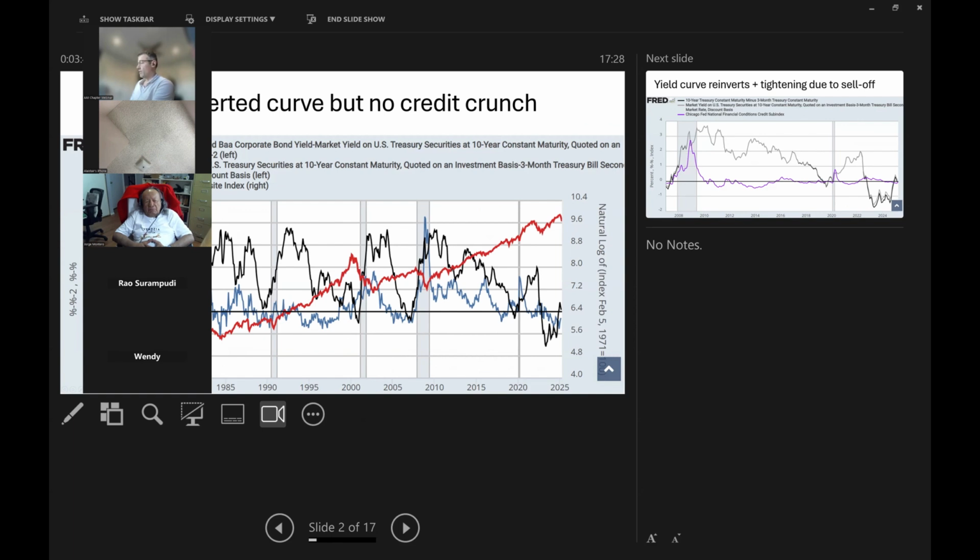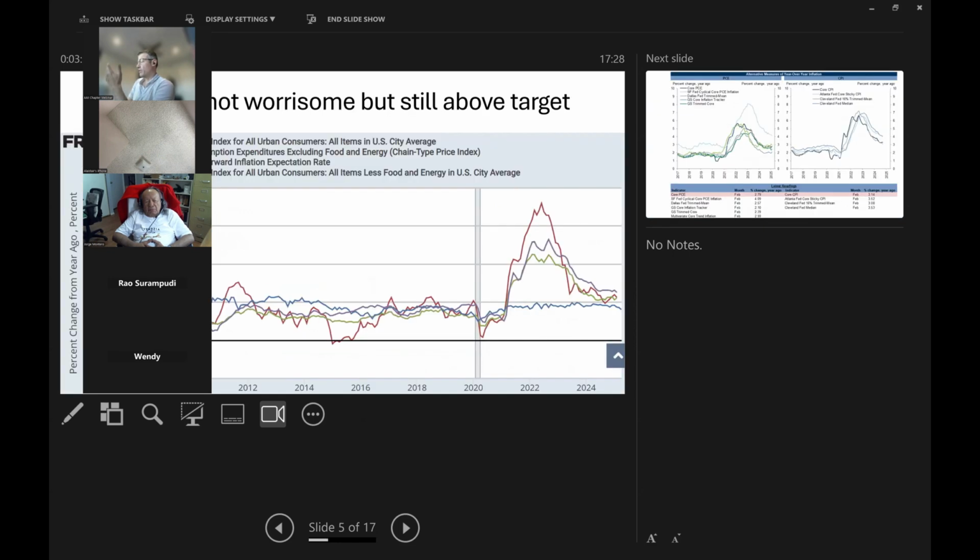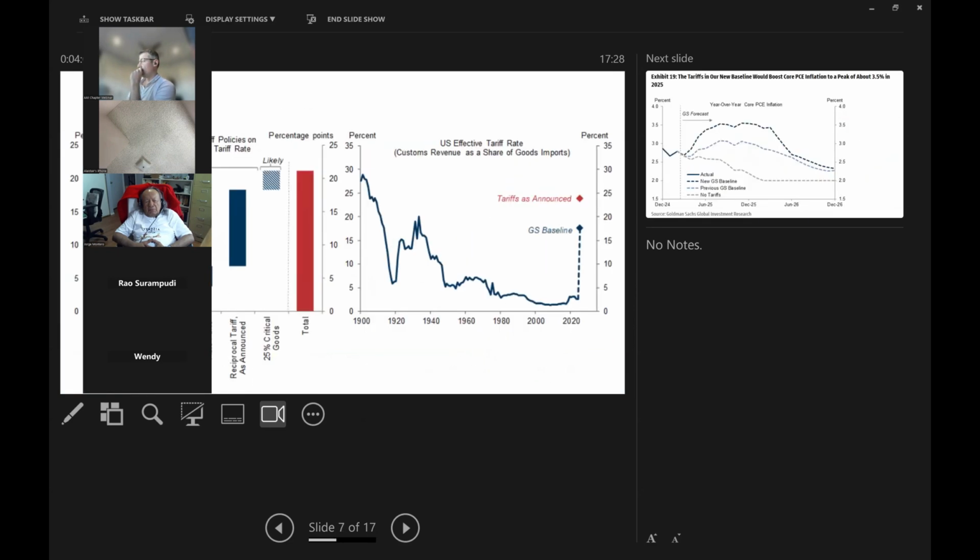The credit market hasn't been affected so far by all the qualms that we've had, or the inversion of the yield curve. The inflation expectations aren't too worrisome. A hike is more likely than a cut at this point, given the inflation is above target. Tariffs are of a decent amount of concern because as they're hiked, that has an impact on inflation, one, and potentially reducing GDP, two.